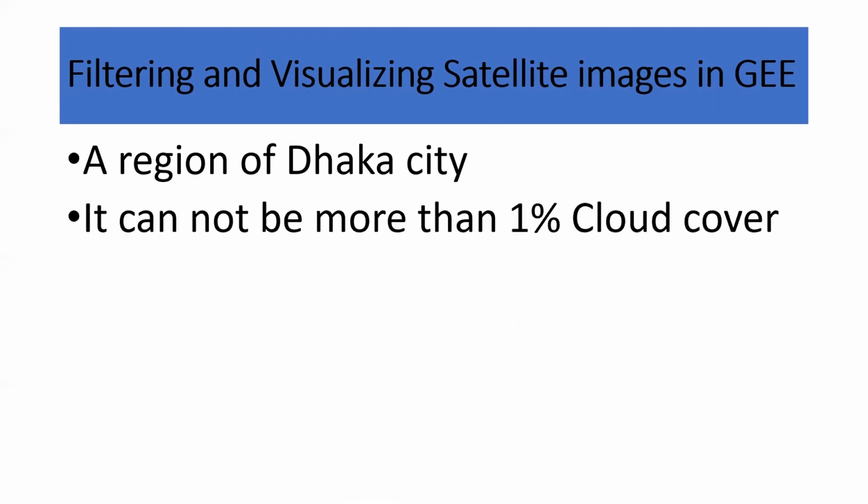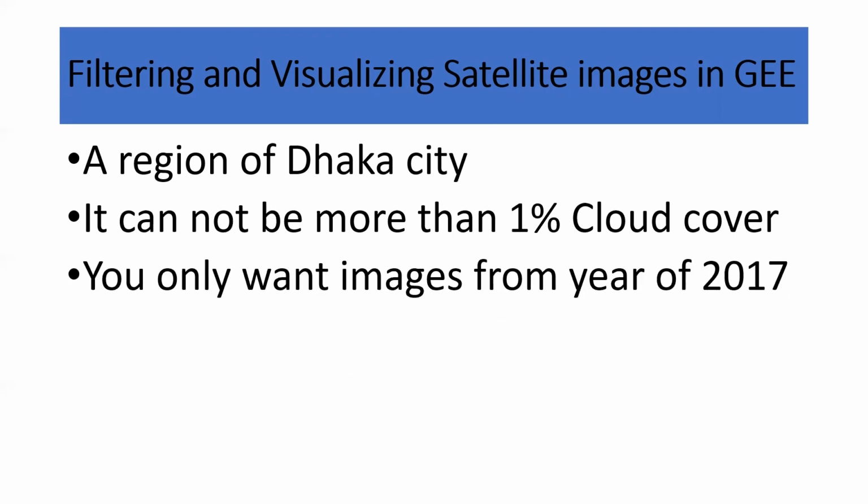Then I want to take only those images that have no more than 1% cloud cover. This is another factor for filtering. Then I need only images for a specific year. This is another factor for filtering, called the date filter.